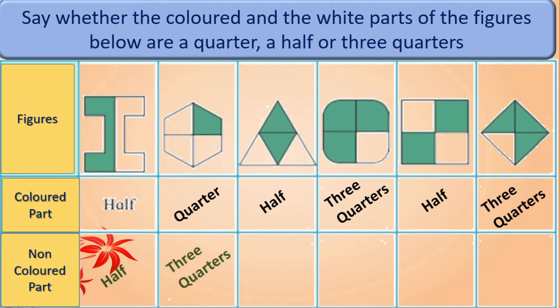Again see here, quarter plus 3/4 together it became 1 whole. This is half means rest is half. Here 3, only 1 part is not colored. So what? Here 2 parts are not colored out of 4. So half. Here only 1 part is not colored. Again quarter. Correct?